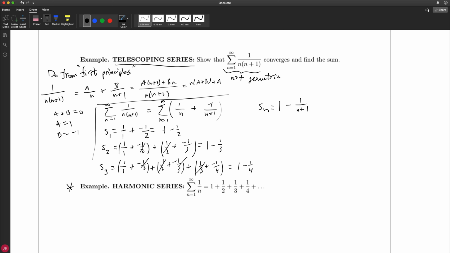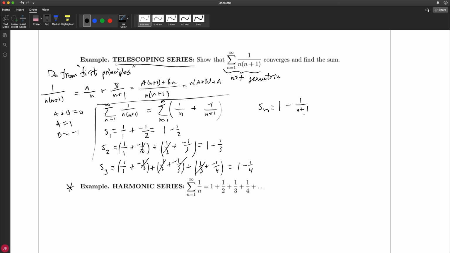And you'll notice I didn't actually simplify these fractions, because I'm trying to get a handle on what the partial sums look like. It might be a little unruly if you start adding them all together, like this is 1/2, 2/3, 3/4.